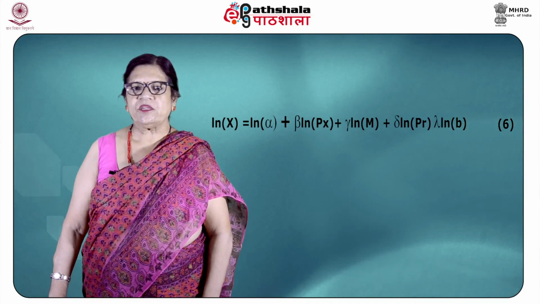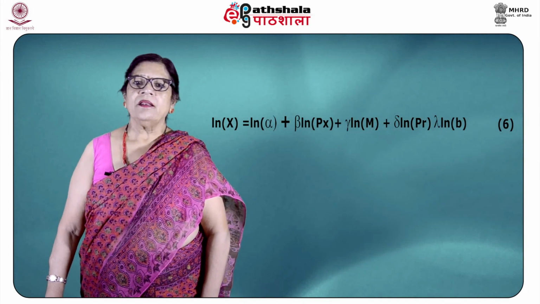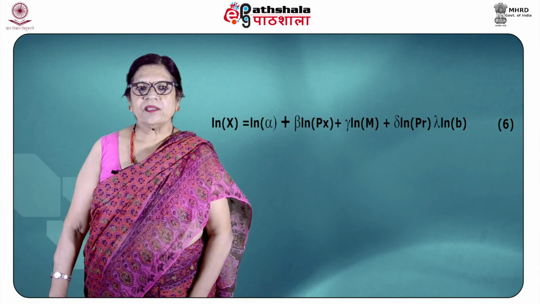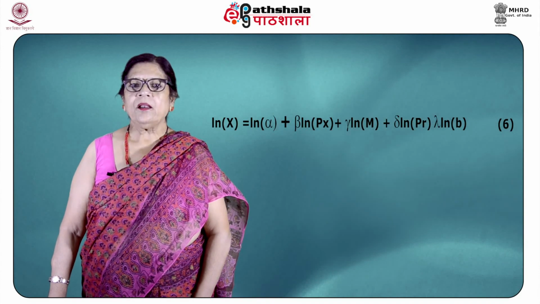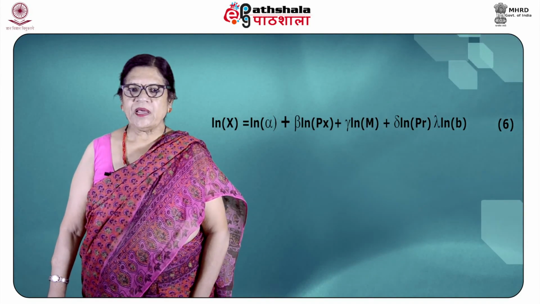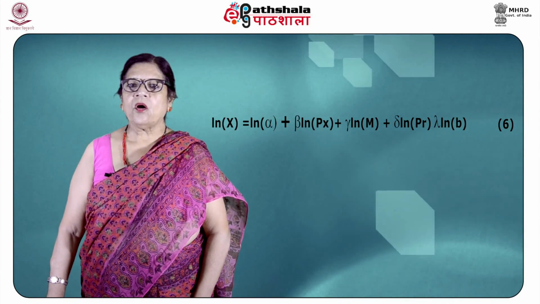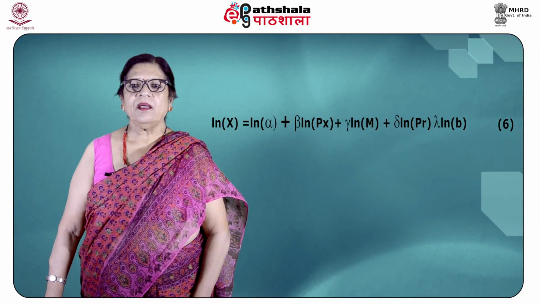To obtain estimates, we convert this equation to linear in natural logarithms, which is as follows: log X is equal to log alpha plus beta log Px plus gamma log M plus delta log Pr plus lambda log B. This is equation number 6, where the value of the parameters measure relevant elasticities.